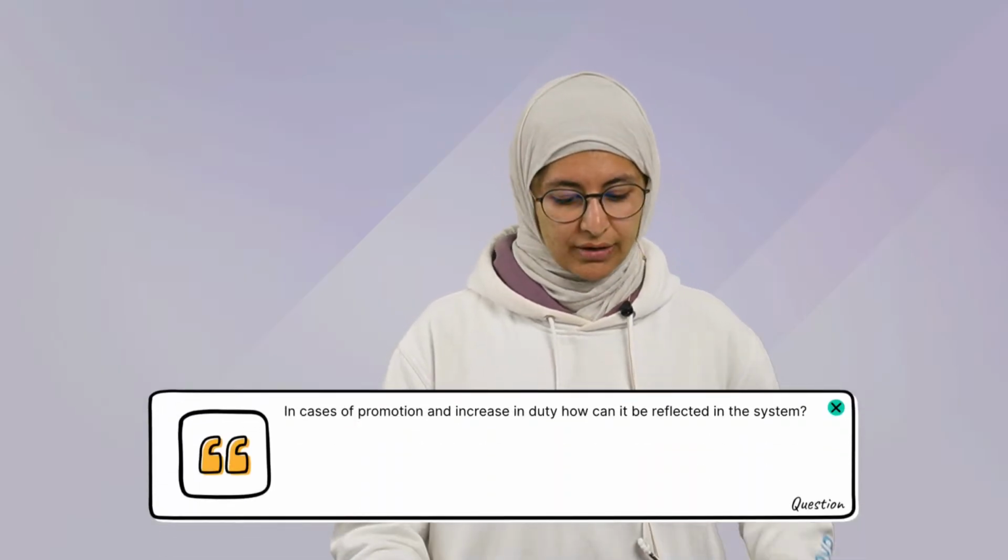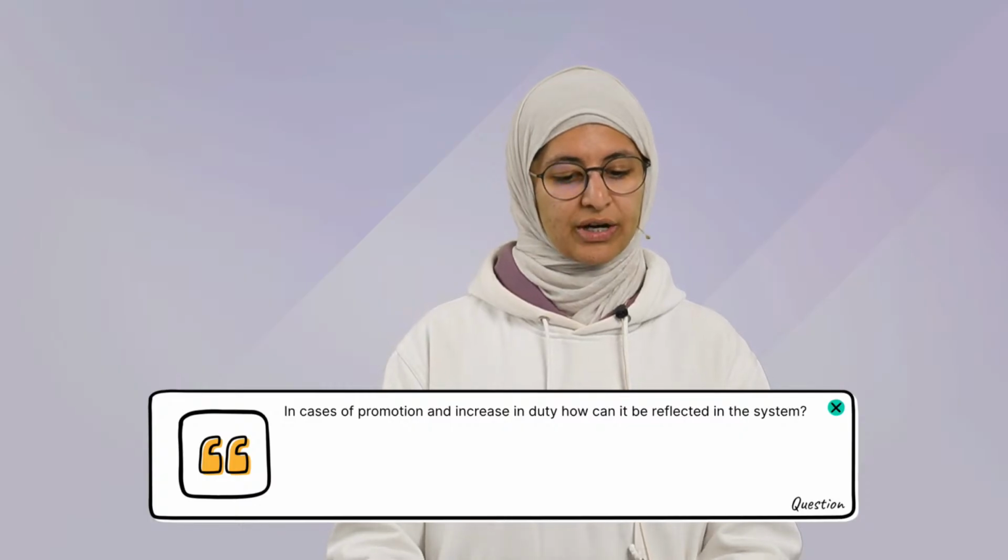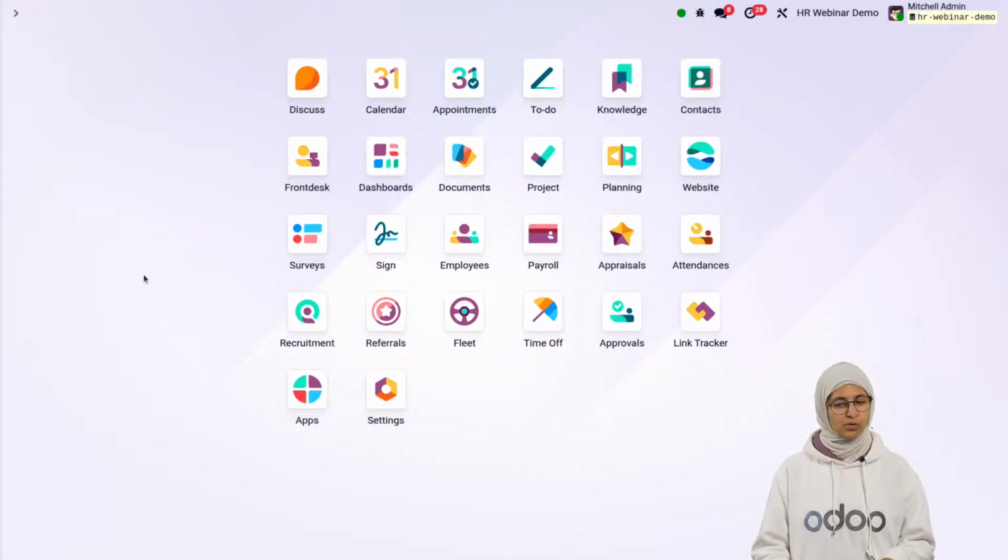Right, so next question from LinkedIn. In case of promotion and increase in duty, how can it be reflected on the system? Right, so this is also a good question. I can jump into the database to show you a few things.